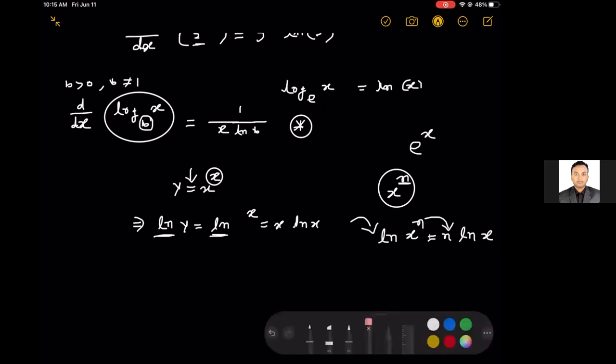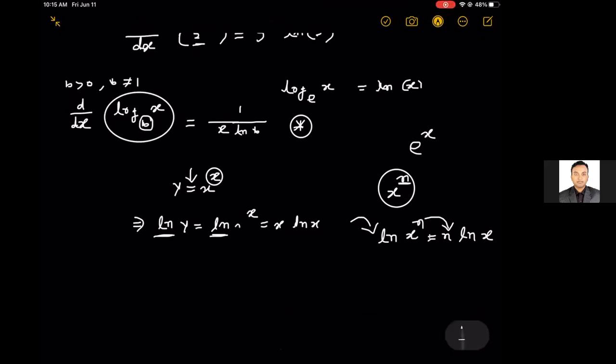This is x, by the way. I apologize for my bad handwriting. Do you agree that I can rewrite this as this? Is there anyone who is still confused or who has arguments over this?